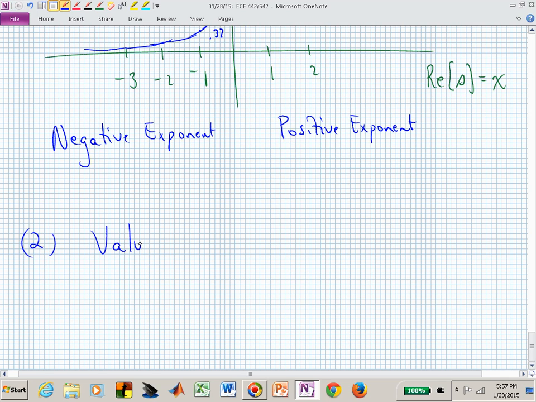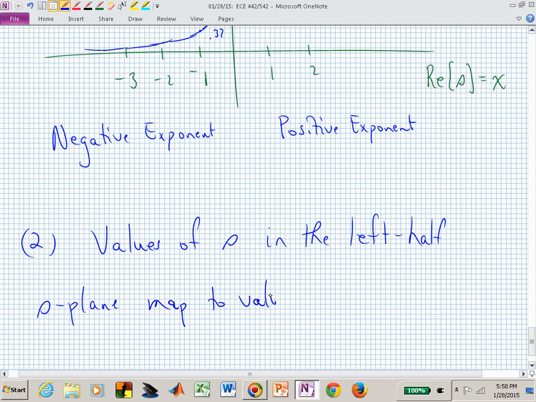Meaning values of s in the left half s-plane map to values of z inside the unit circle.